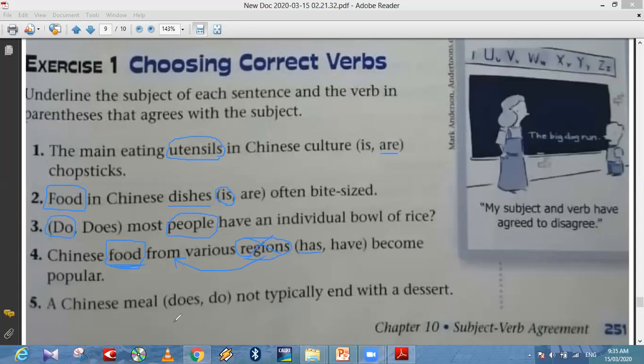Does. What is the simple subject of the sentence? It's meal. That's right. So why not Chinese? Because it's an adjective. Yes, this is an adjective describing the meal. Okay, so singular subject. Meal is singular, so we'll choose does. Yes, thank you so much. Thank you, Hashim. Turn to the next page.